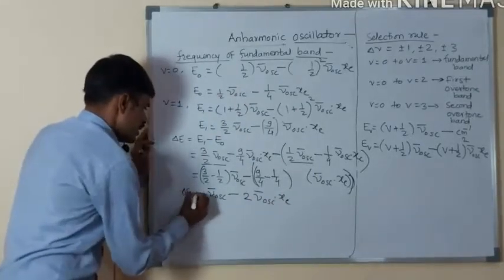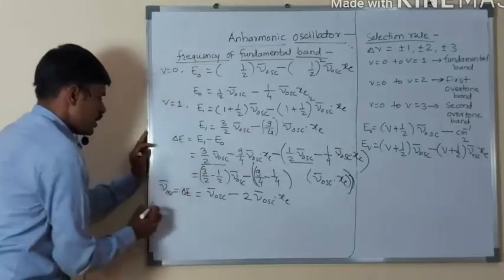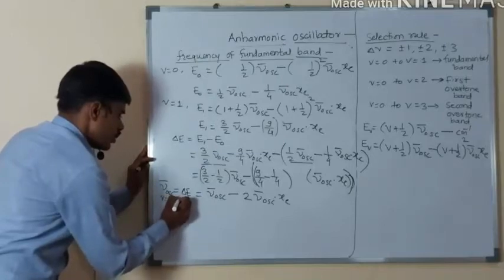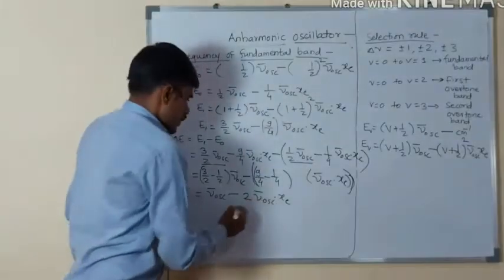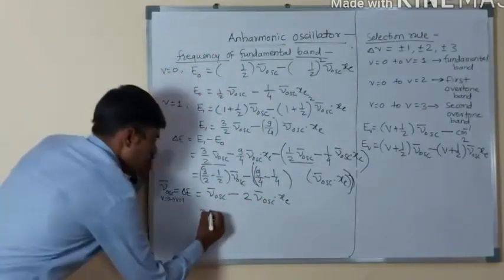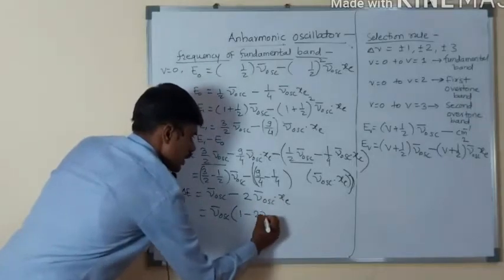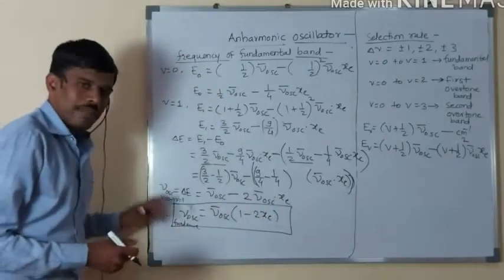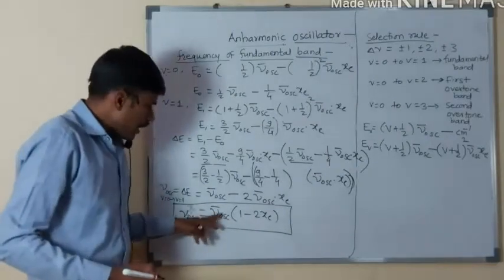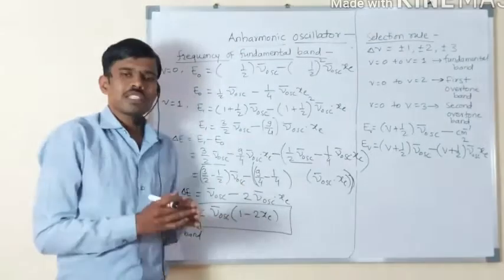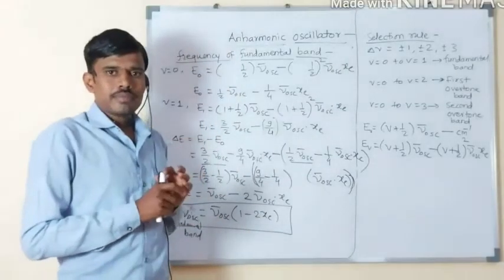This is the energy difference, and this energy difference is nothing but the frequency of oscillation for the transition from v0 to v1. By taking common nu bar of oscillation out of the bracket, the remaining term is 1 minus 2Xe. Frequency of fundamental band is equal to nu bar of oscillation into (1 minus 2Xe). This is the frequency of fundamental band.